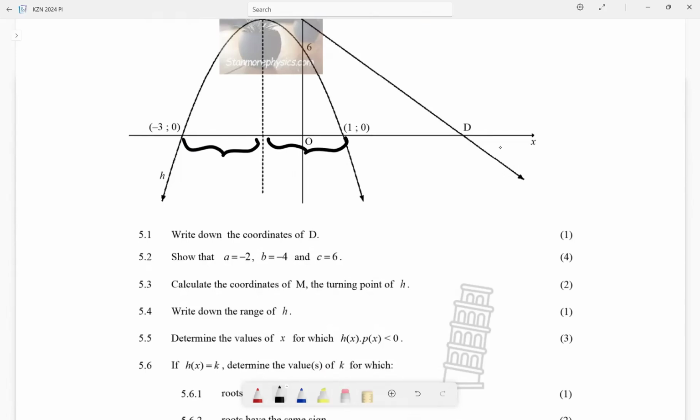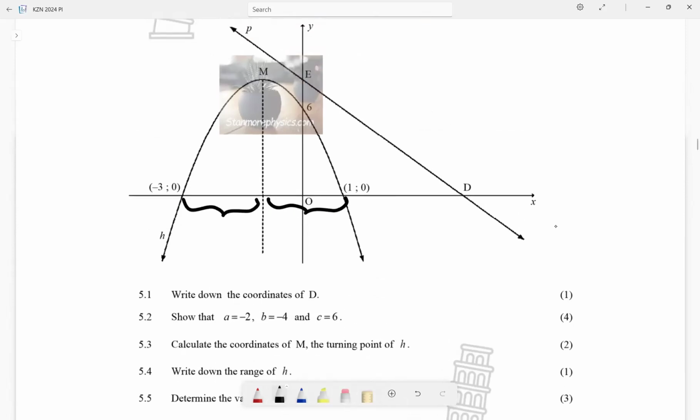So the x coordinate of M is negative 3 plus 1 divided by 2, because it's the midpoint. Negative 3 plus 1 is negative 2, divided by 2, which is negative 1. So the x coordinate here is negative 1.